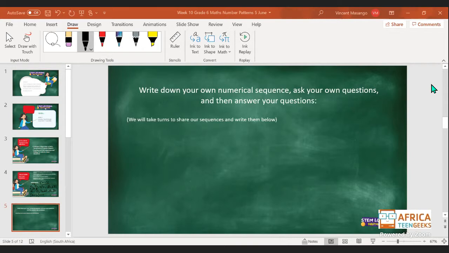So what I want to do is work with one person at a time, once everyone has done their own sequence and has asked their own questions. The questions are similar to the ones that we normally ask. What is the general rule? Complete the next 4 terms and find maybe the 6th term, and perhaps the last one would be writing the general rule using an algebraic expression.